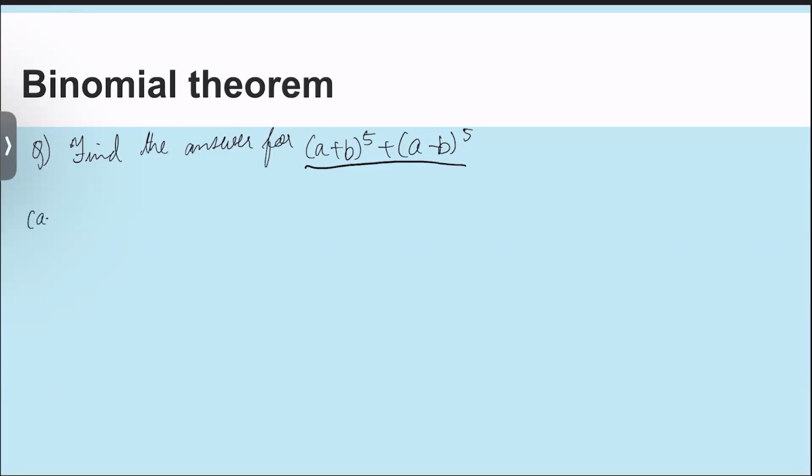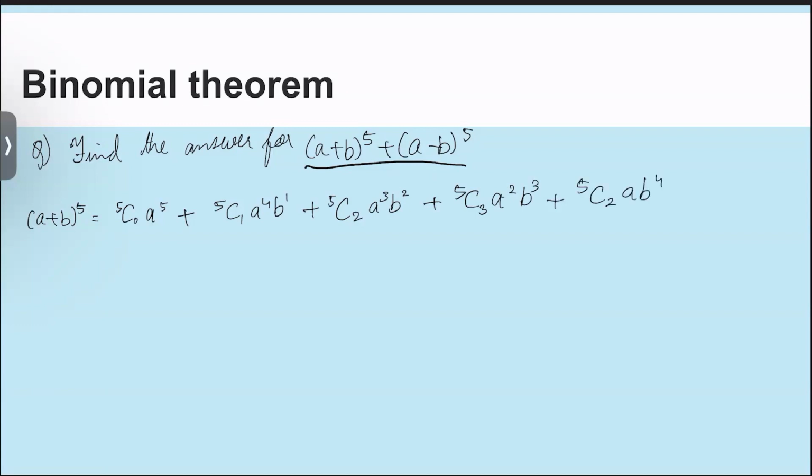So first you have a plus b raised to 5. Okay, so now we'll write with respect to all the coefficients also. So the first term would be 5c0 a raised to 5 plus 5c1 a raised to 4 b raised to 1 plus 5c2 a cube b squared plus 5c3 a raised to 2 b cube plus 5c4 a and b raised to 4.